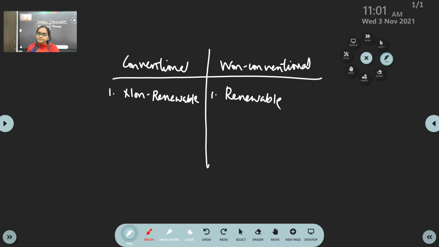Then carbon free. These cause pollution. Very good. These cause pollution. What about this? No pollution.